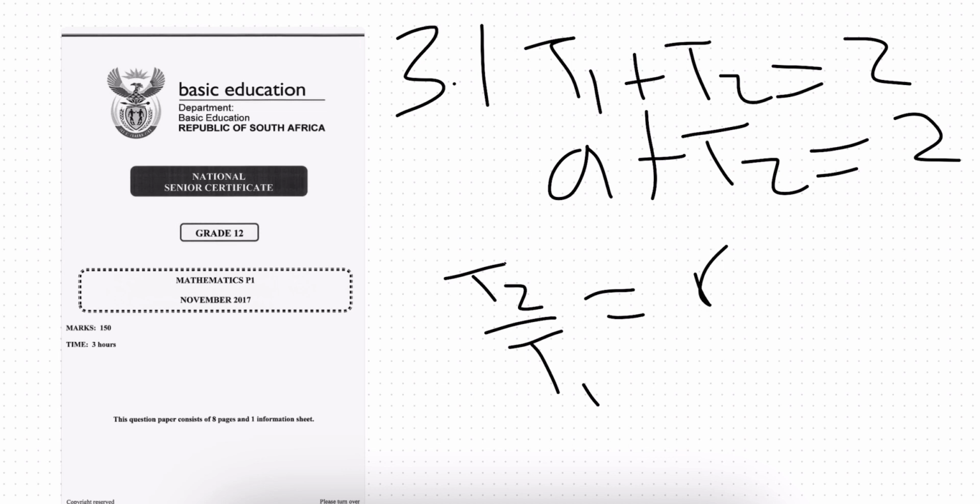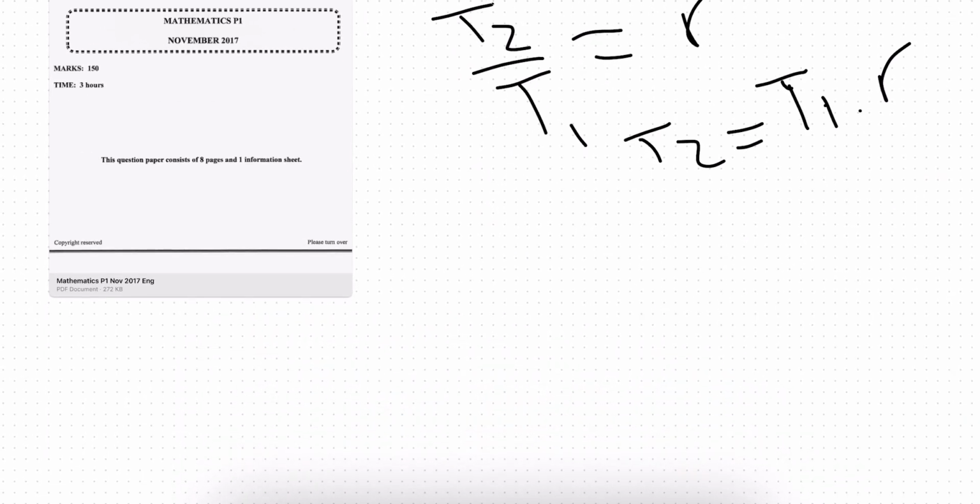It's constant. So that means your t2 is equivalent to t1 times r. That's what your t2 is equal to.